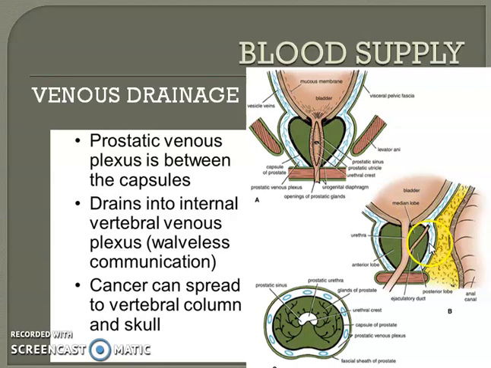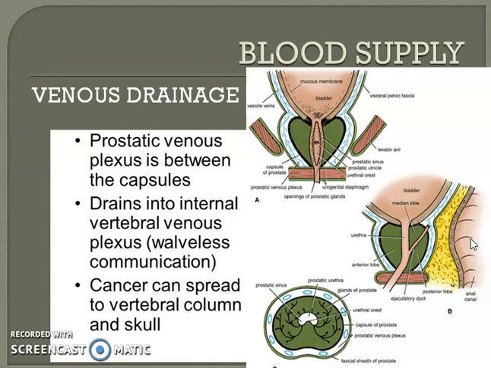A few of the veins from the posterior side of the prostate drain into the internal vertebral venous plexus. This is known as the paravertebral veins of Batson. The backflow of blood into Batson's plexus takes place during increased intra-abdominal pressure such as coughing, micturition, defecation.